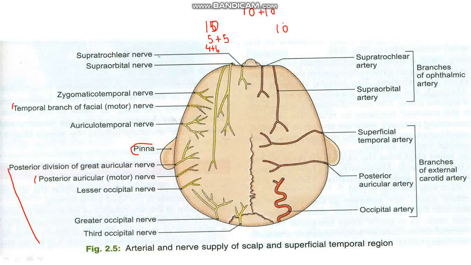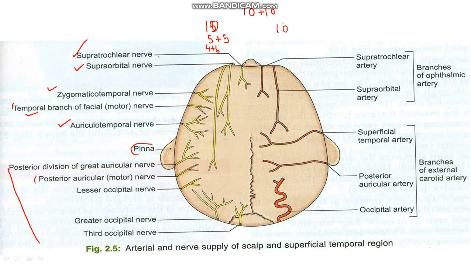The nerves innervating in front of the pinna are the supratrochlear nerve, supraorbital nerve, zygomaticotemporal nerve, temporal branch of the facial nerve, and auriculotemporal nerve. You can see how they run and innervate.